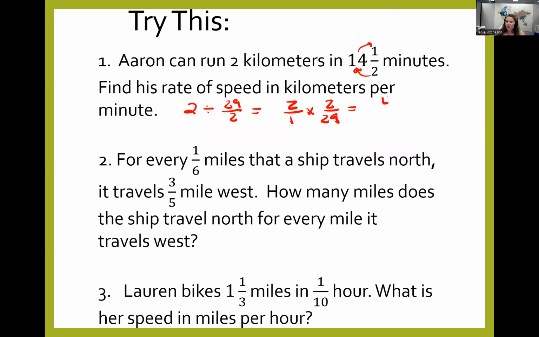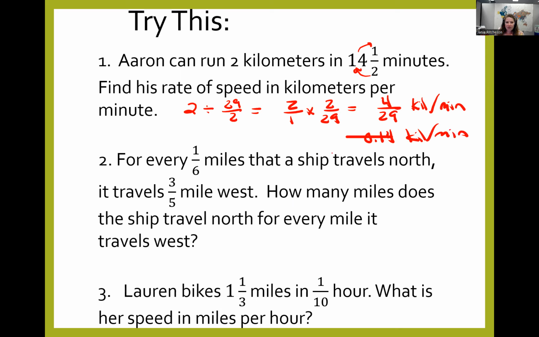So I got 2 times 2 is 4, 29 times 1 is 29. I could say I have 4/29 of a kilometer per minute, or I could divide 4 by 29, and I could say about 0.14 kilometers per minute.